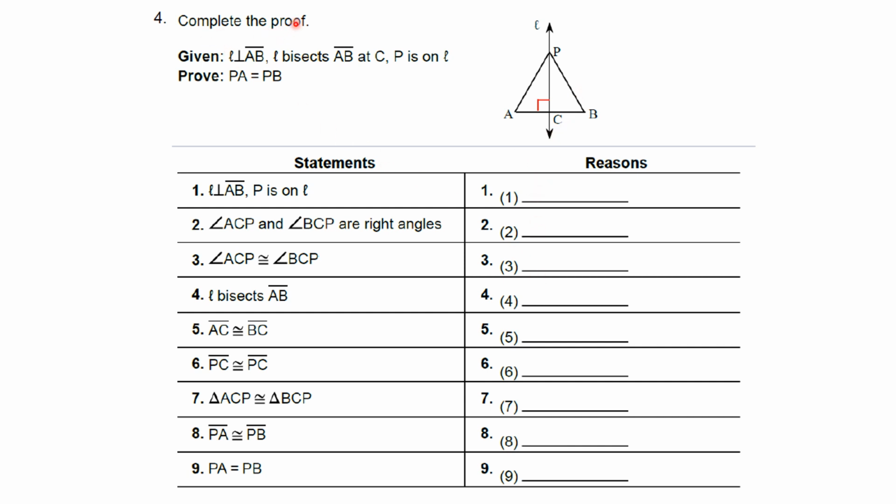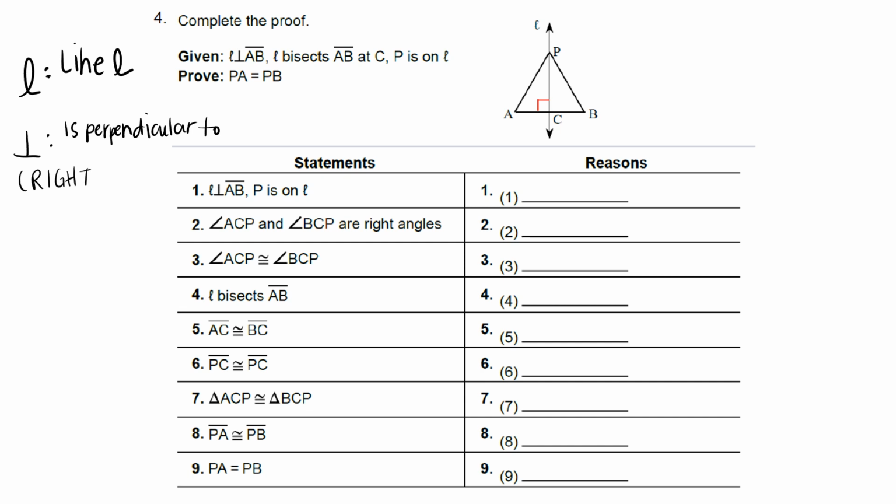All right, so it says complete the proof. You're given that line L, so that's what the little cursive L means, is perpendicular to, so that's what that symbol means. And remember, when we say perpendicular, I want you to think right angles.